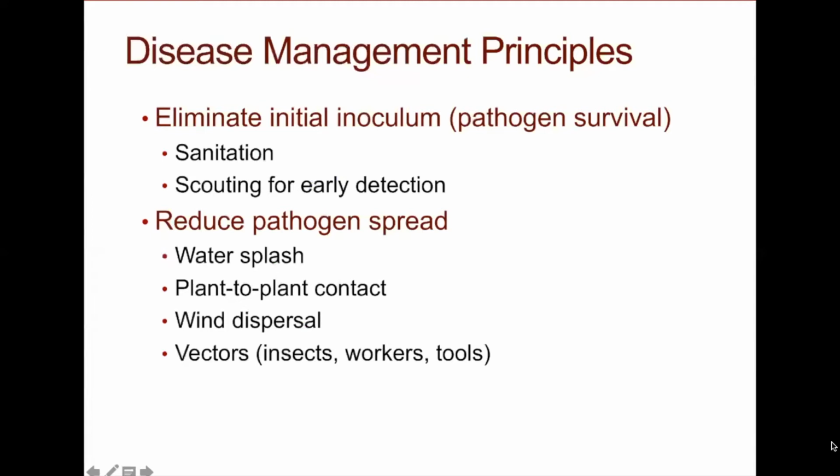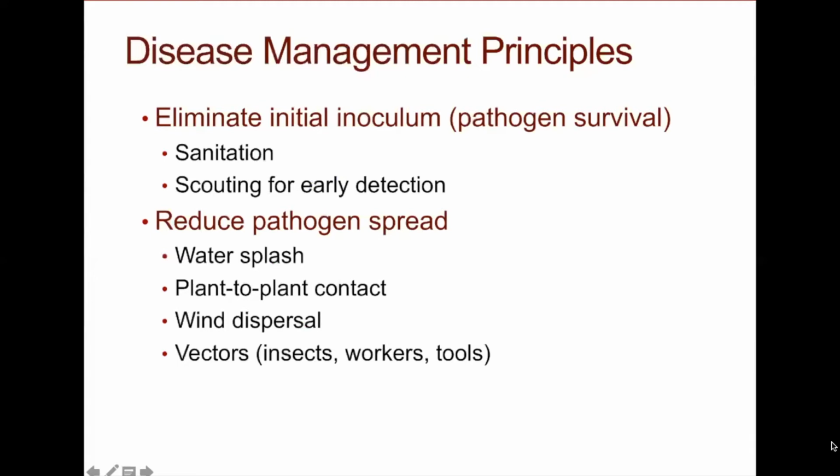And water splashing is just when the water falls on the soil surface and it splashes to another plant. Because, with greenhouses, the pots are very close together to maximize space. So water splash can occur at any time, especially with that overhead irrigation.